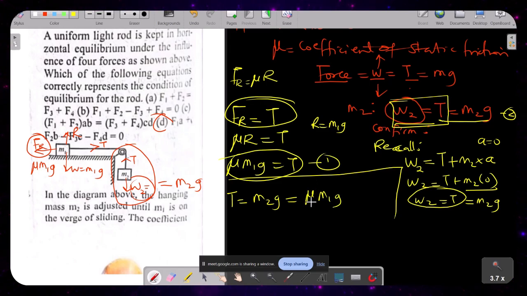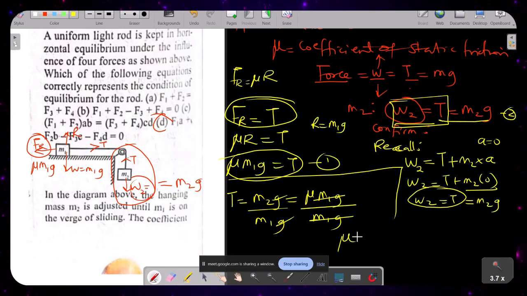Since we are looking for the coefficient of static friction, I'll divide both sides by M1G, and M1G cancels. So the static friction is going to be M2 over M1.